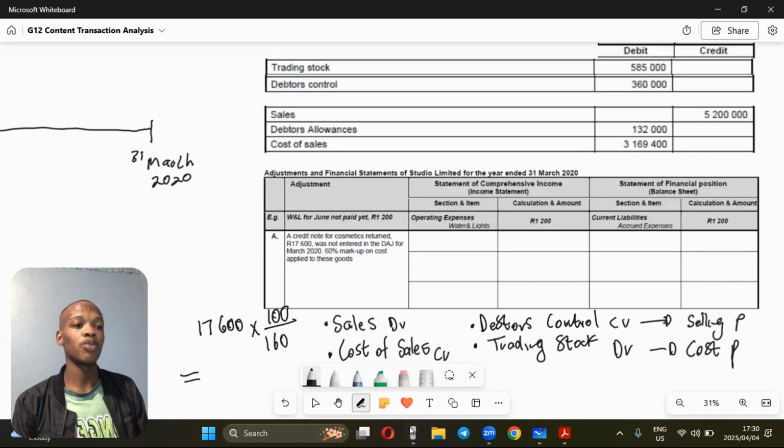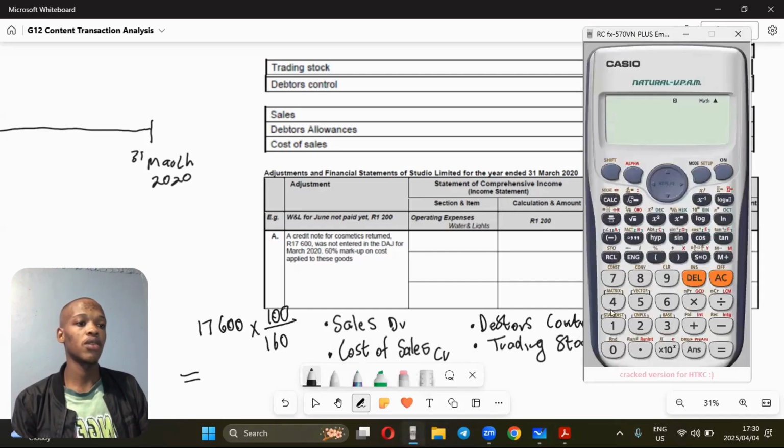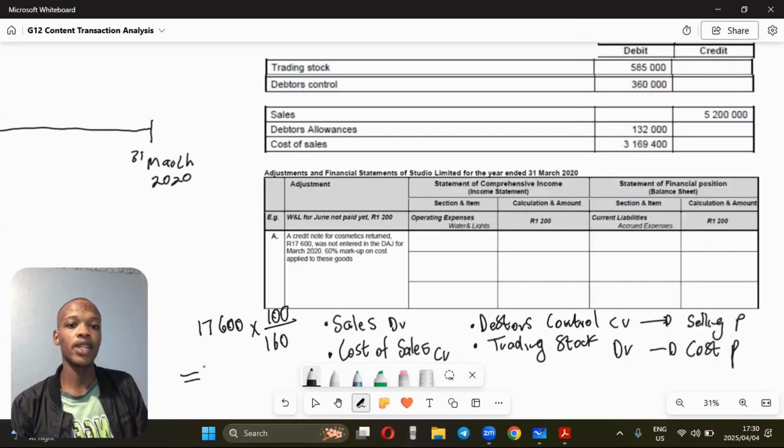This one needs a calculator. 17,600 multiplied by 100 over 160 is 11,000. 11,000 is the cost price.